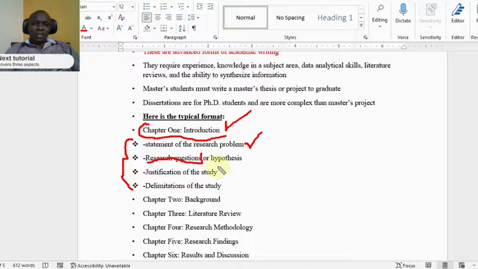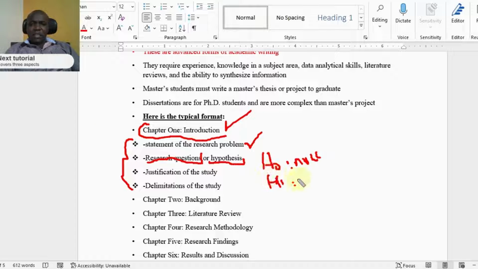Then you can also include a research hypothesis. We have a null hypothesis presented by H0. Then we have H1, the alternative hypothesis.